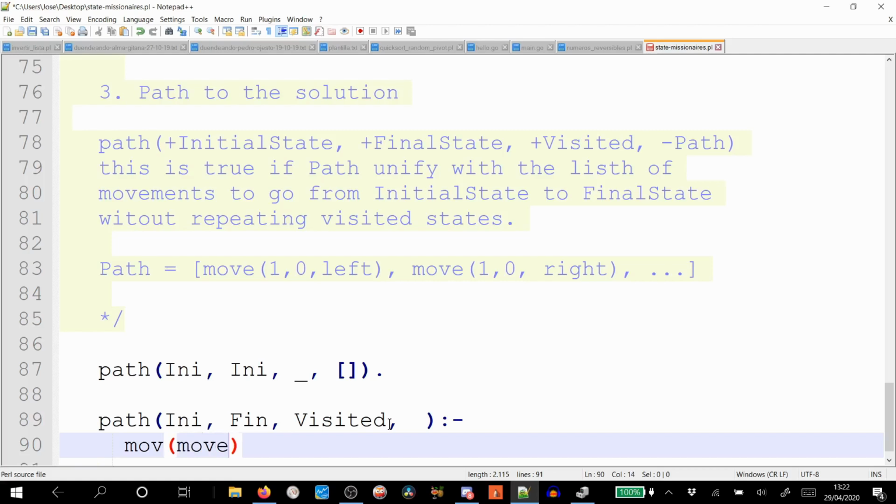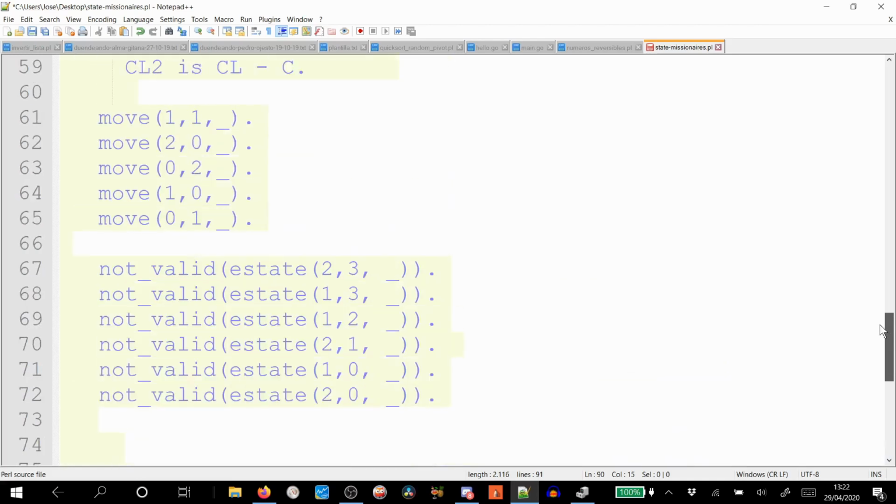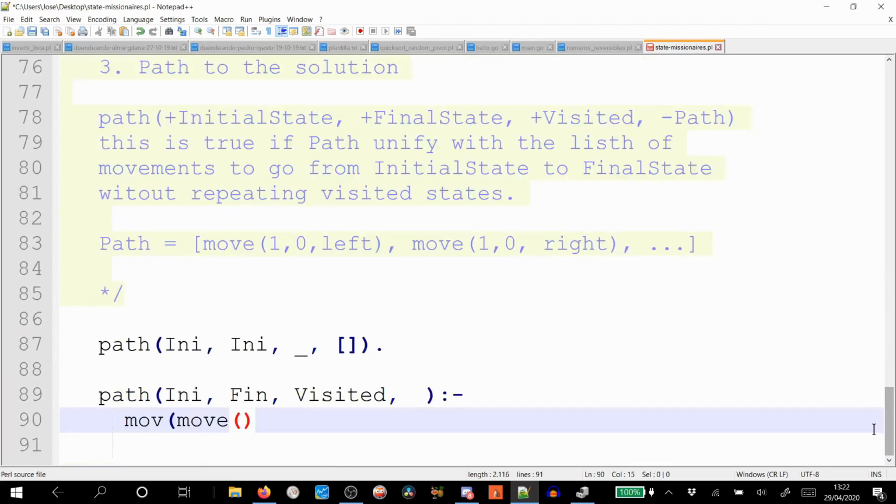Let's move a number of missionaries and cannibals in a direction, from the initial state to a new state. Let's call the new state, for example, temporal or auxiliary, or if you prefer, aux, whatever name. Let's move to an auxiliary state.